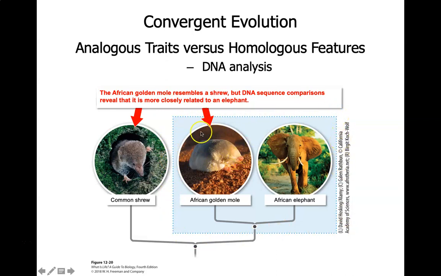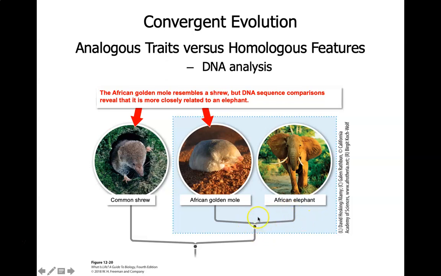And it turns out that even though the common shrew and the African golden mole look more similar and might be placed together in a phylogenetic tree based on physical characteristics, when you actually look at DNA sequences, you find that the African golden mole is more closely related to an elephant.